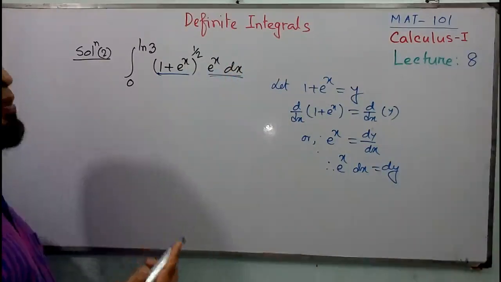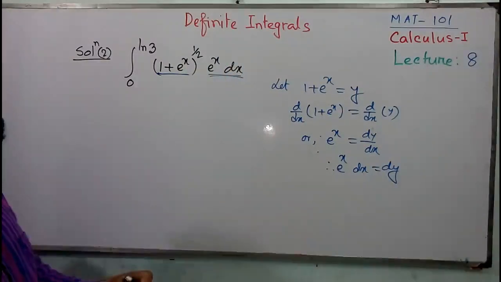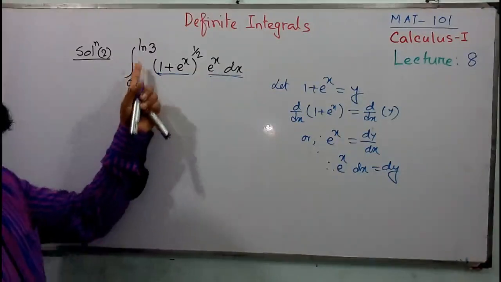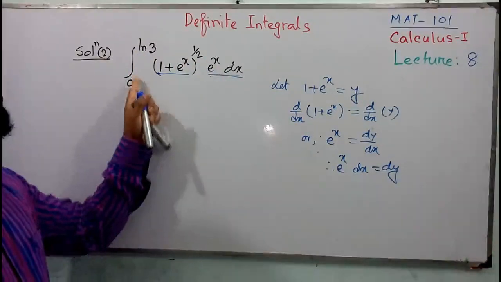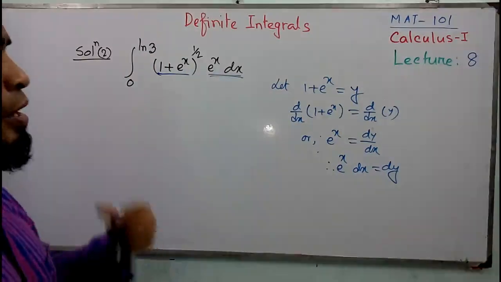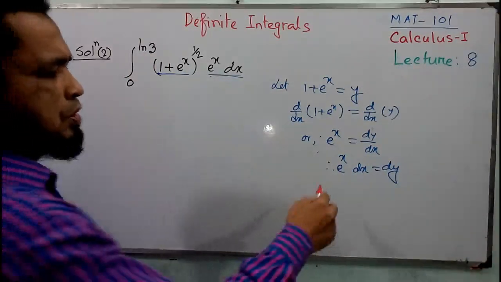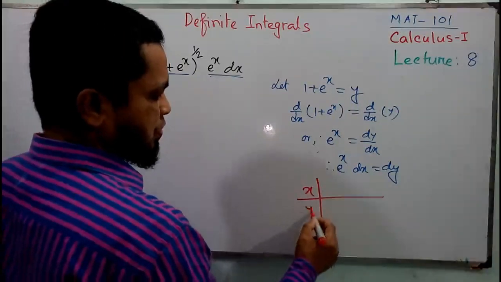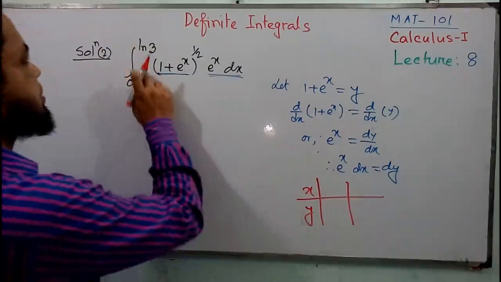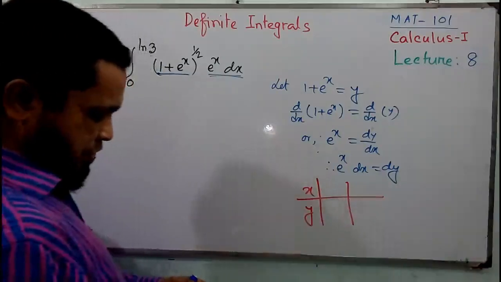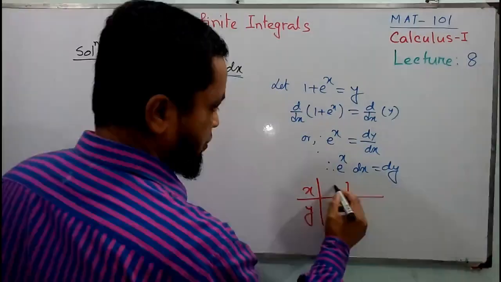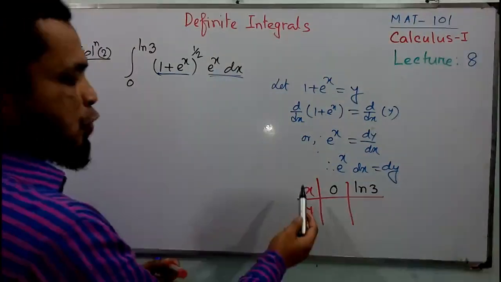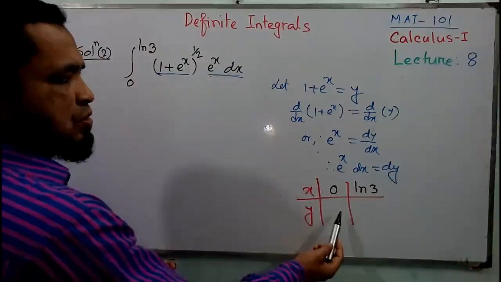We did this type of problem in an earlier class. Now we have to transfer the limits of the variable, 0 to ln 3. These 0 and ln 3 are limits of the x variable, and we have to move to the y variable, that is, x to y. The value of x is 0 to ln 3. Now when x equals 0, what is the value of y?